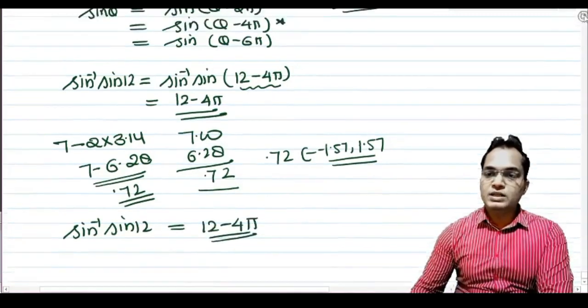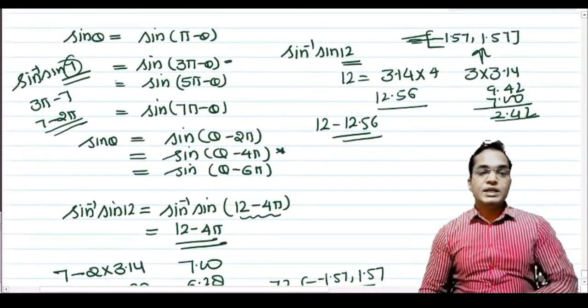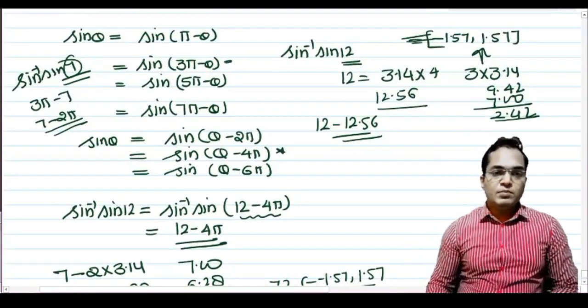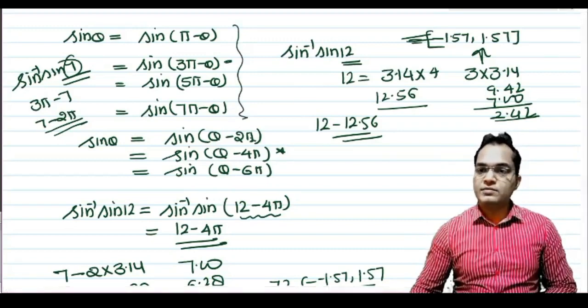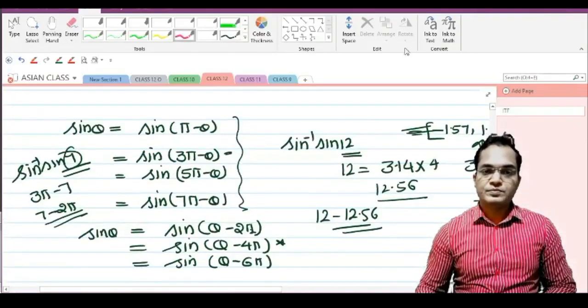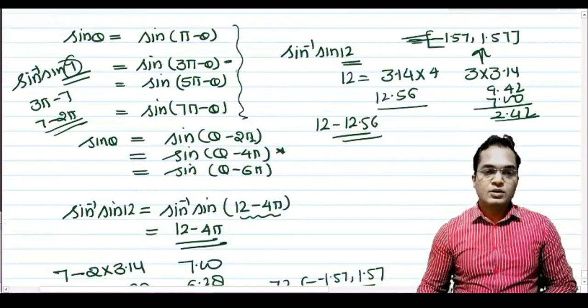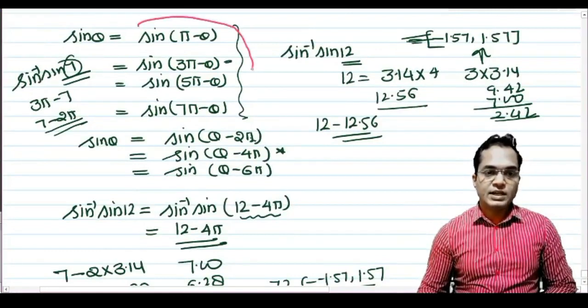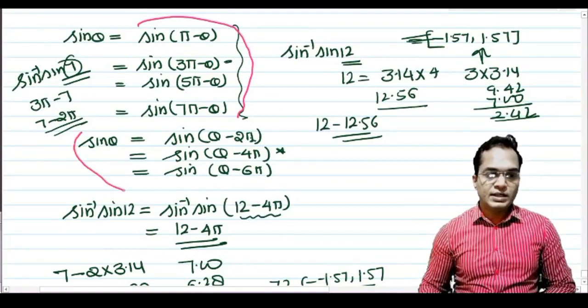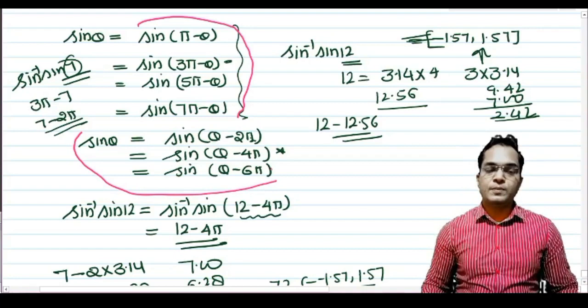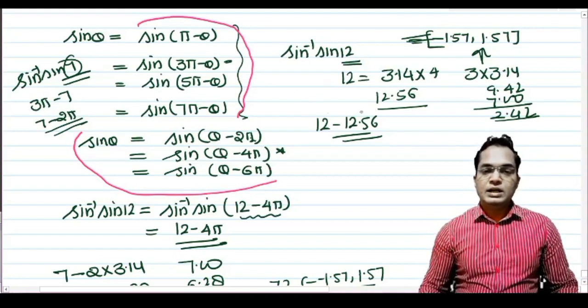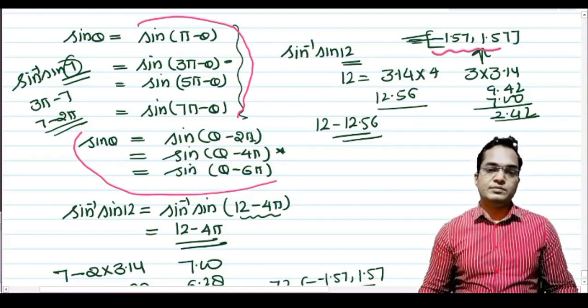Means you can understand that here is a system, or you can say this category. I want to change the pen color. Okay. Now by using this category, and by using this category, you can easily find any trigonometric ratio which lies in our interval minus 1.57 to 1.57.